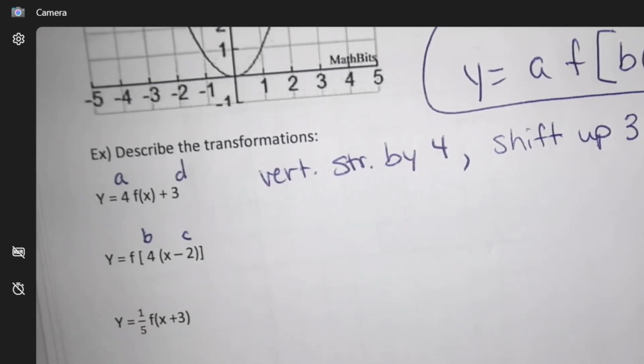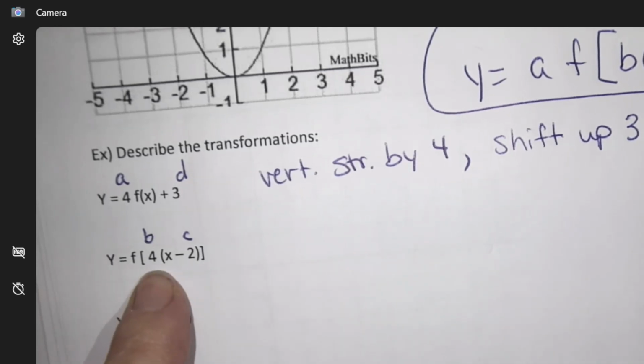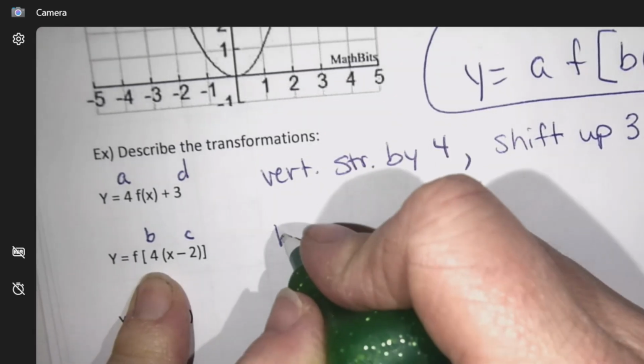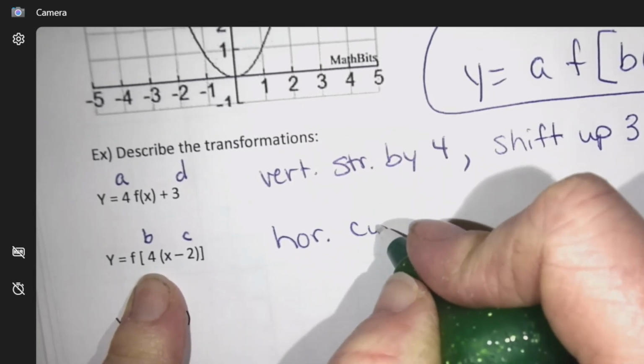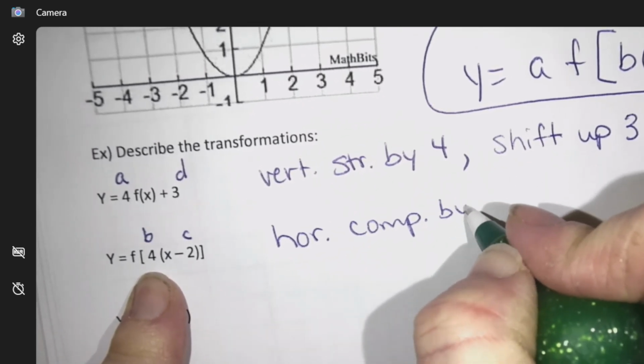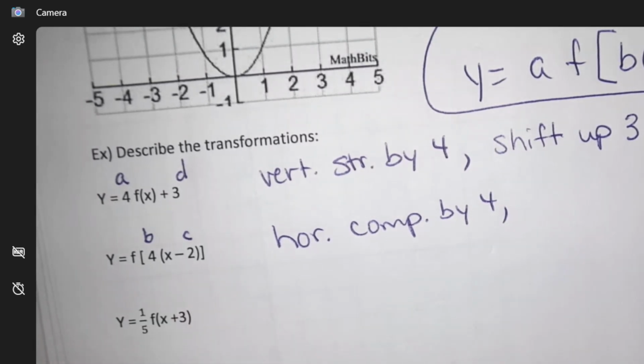All right, so B is affecting the X, so we should do opposite stuff. I see a multiply by 4, so I've got to think about dividing something by 4. So that is a horizontal compression. Opposite.